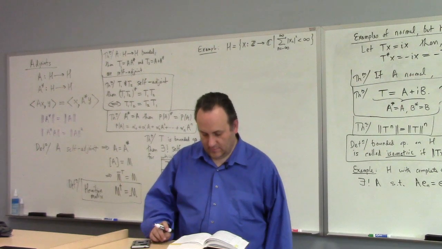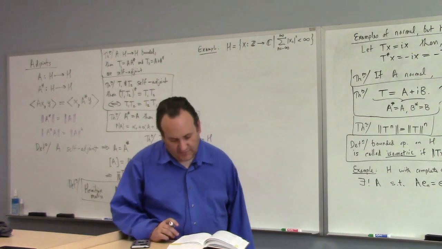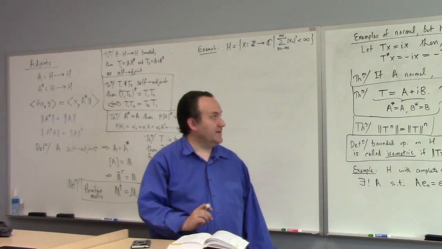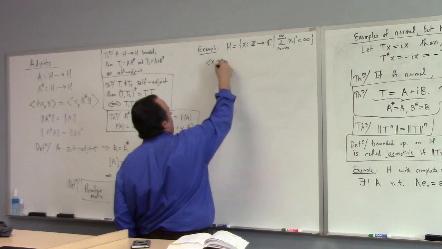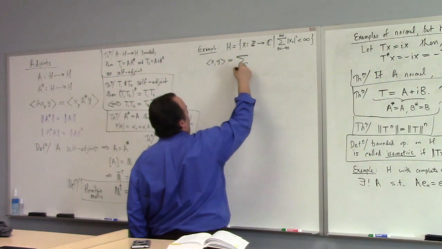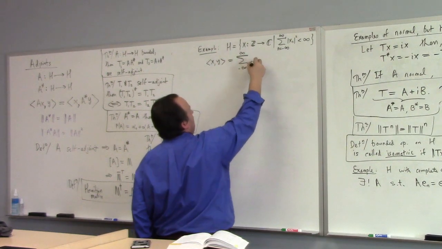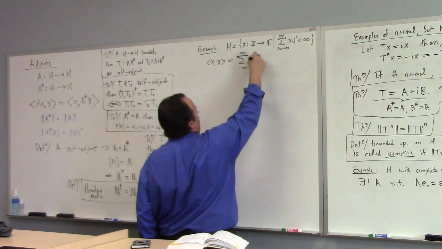It's called a double sequence. I think I've heard these called double sequences before, and then the inner product on this space is defined the way you'd expect: it's just the sum from minus infinity to infinity of x n times y n conjugate.